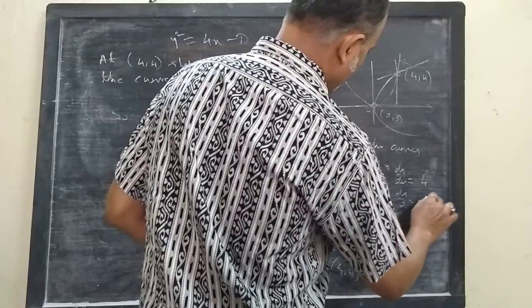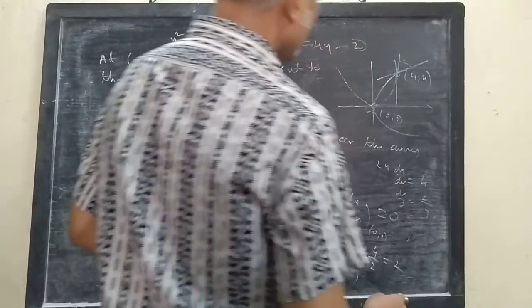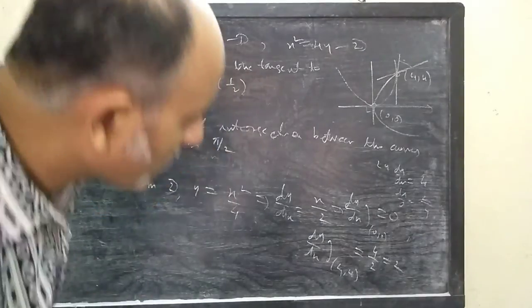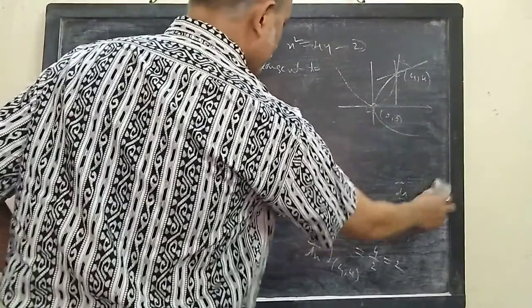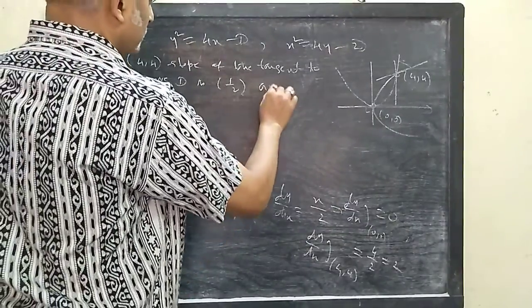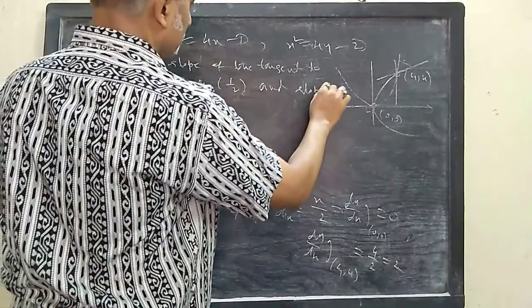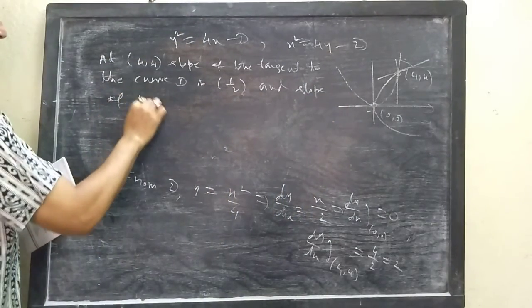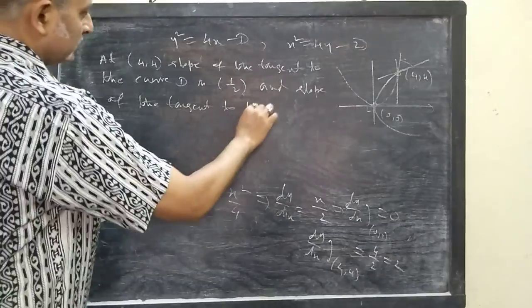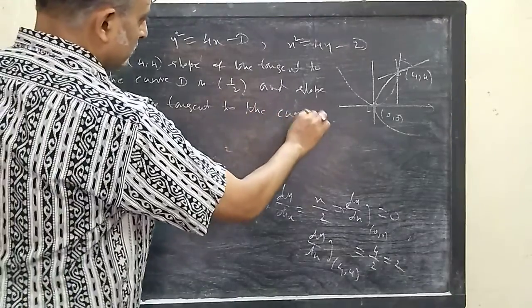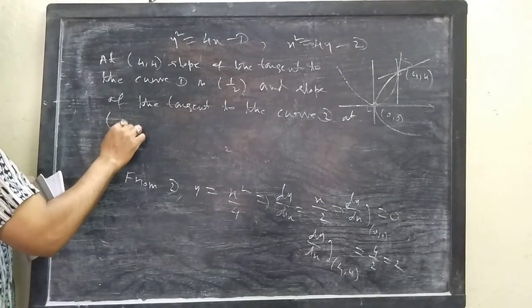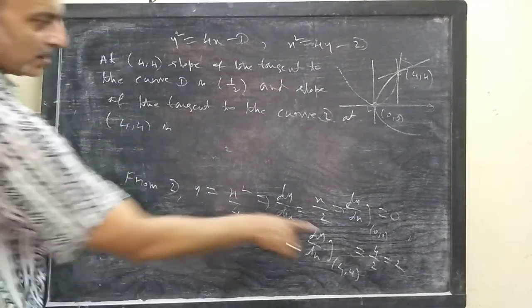So dy dx equals 2 by y, 2 by 4, that is half. And the slope of the tangent to the curve 2 at 4, 4 is 2.